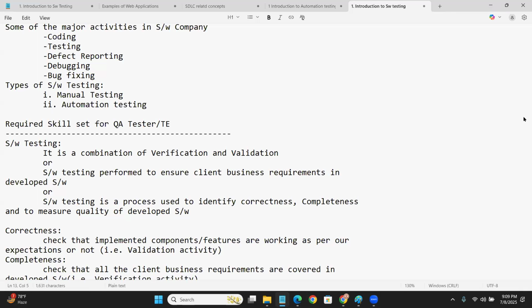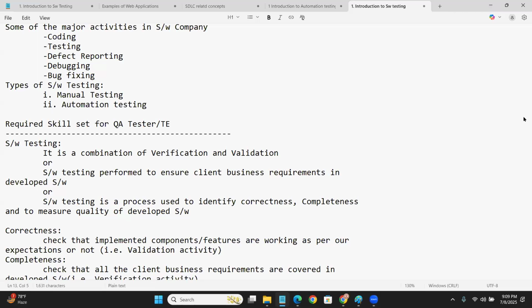Or we can say software testing is a process used to identify correctness, completeness, and to measure the quality of the developed software application.